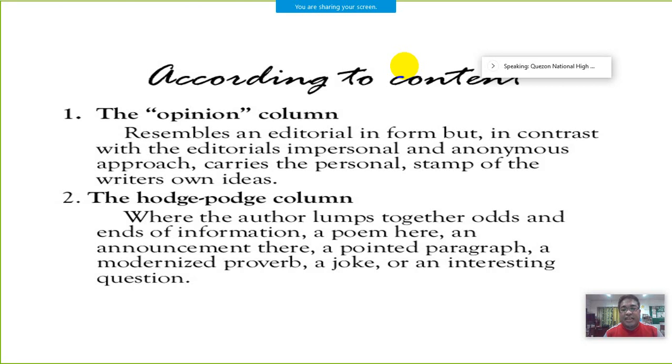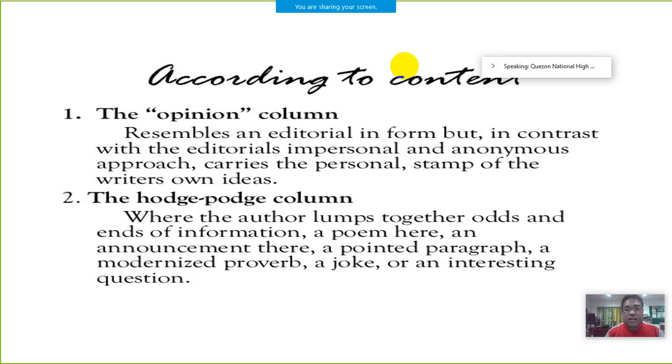Because the main editorial has no byline. Here, in the opinion column, it carries the byline, and it even has a picture of the columnist himself or herself.